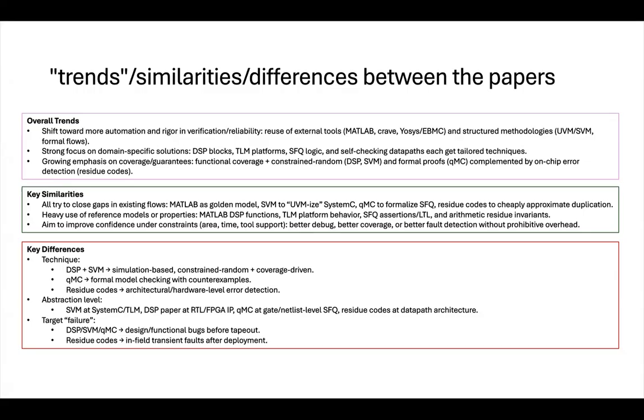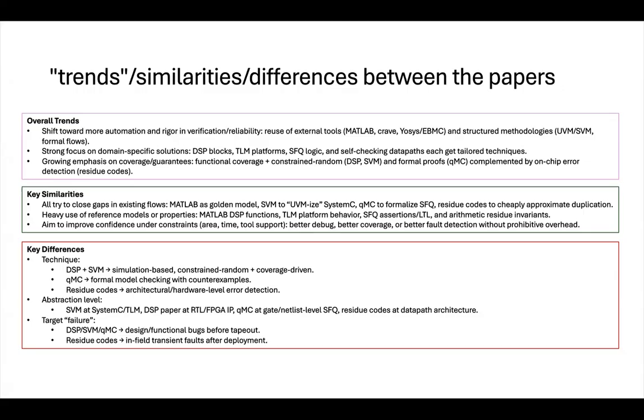So the similarities are that they are all trying to close gaps in existing flows. They all rely on some form of reference behavior or properties: golden functions, TLM platform behavior, SFQ assertions, residue invariants, and they all aim to boost confidence without exploding cost.